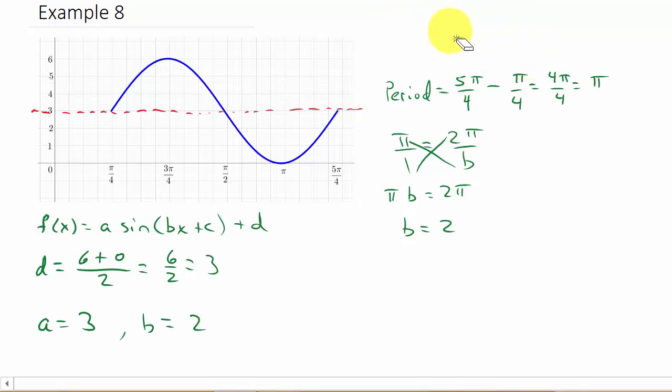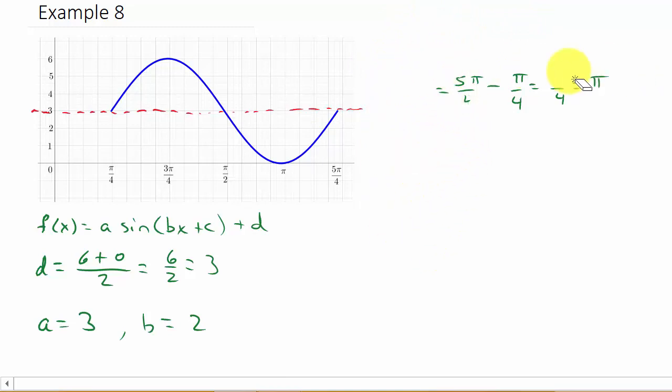Now what we need to do, and I'm going to erase this so I can work it here, is we need to find c. And to find c, we use the phase shift. All right, so the phase shift, we can see it's shifted to the right pi over 4. So the phase shift is pi over 4.